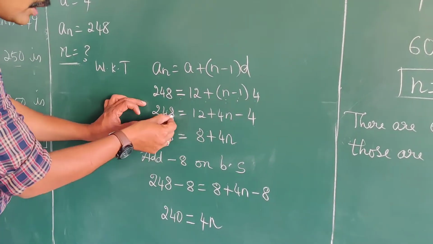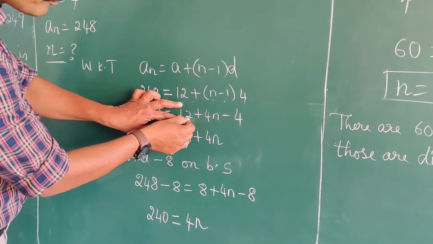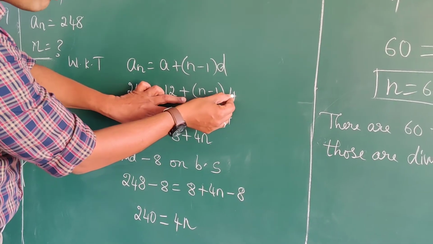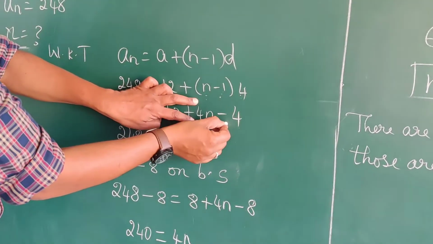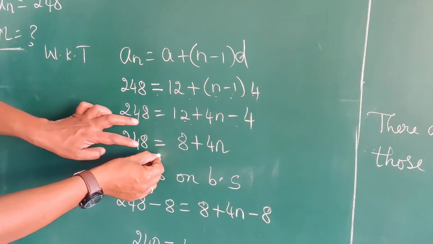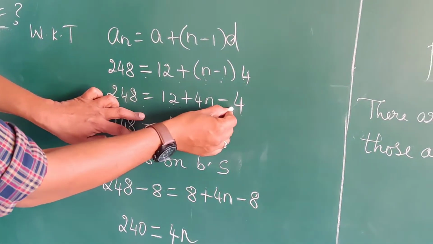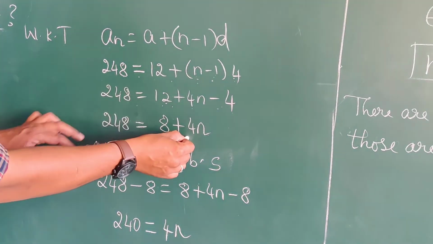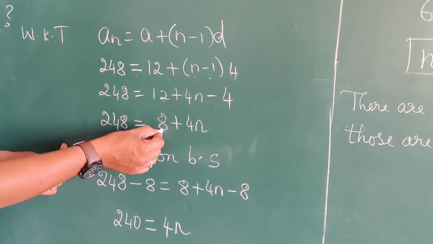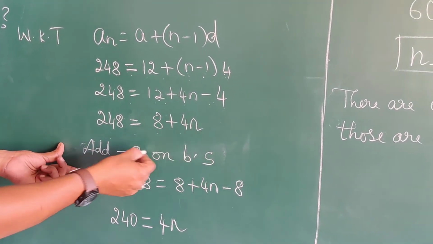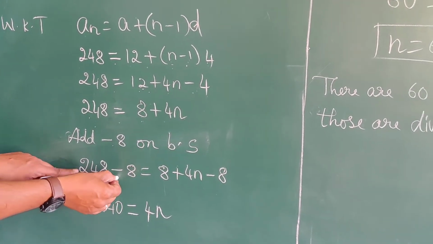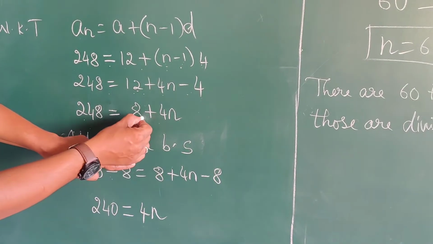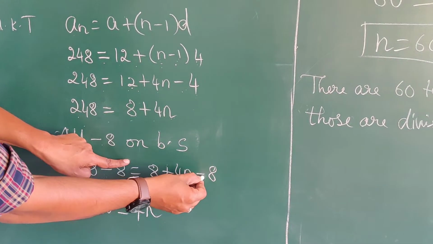After multiplying, 248 is equal to 12 plus 4n minus 1 into 4. 248 is equal to 12 minus 4, which is 8, and 4n kept as it is. Now, to remove 8, add minus 8 on both sides, so that 248 minus 8 is equal to 8 plus 4n minus 8.